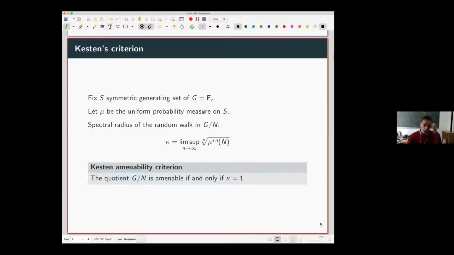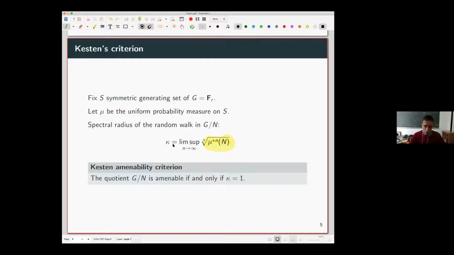Or here I'm thinking in the group G, so I'm looking at the probability that after n steps I come back to the normal subgroup N. That gives you some number between 0 and 1. And Kesten's amenability criterion tells you that the quotient G mod N is amenable if and only if that spectral radius is 1.